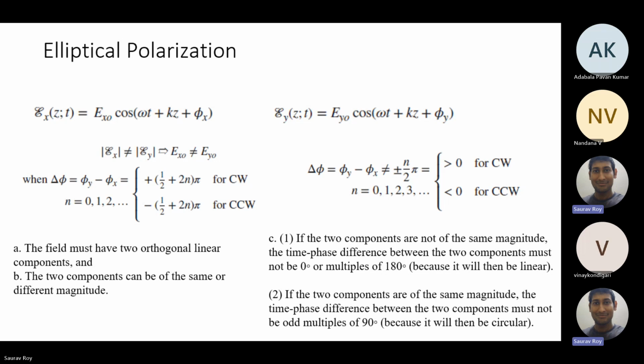It can be multiples of pi, multiples of pi by 2, even and odd. But the electric field values are not the same. The absolute values of them are not the same. So here it says the field must have two orthogonal linear components as usual, and the two components can be of the same or different magnitude. Okay.